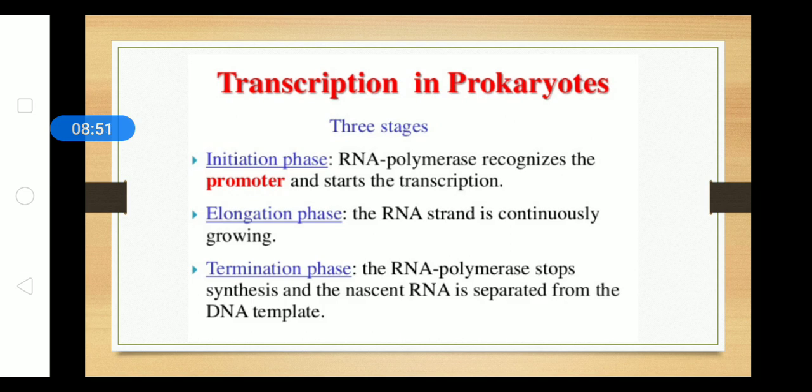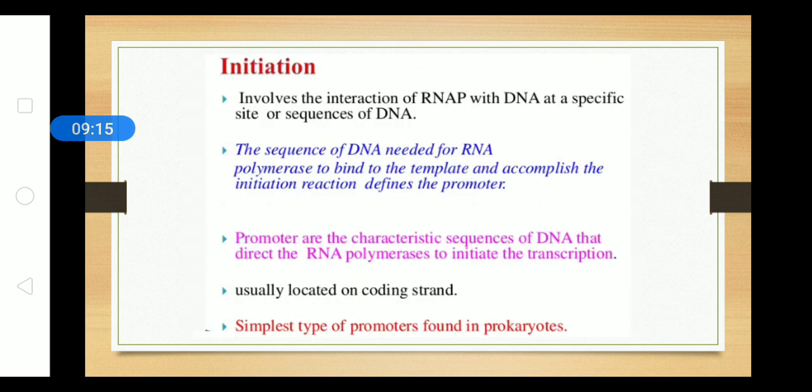In the elongation phase, the RNA strand is continuously synthesized and it keeps on enlarging. In the termination phase, the RNA polymerase stops synthesis and nascent RNA is separated from the DNA template. The word nascent simply means newborn. So, there is nothing very extraordinary, it just implies a new RNA which has been synthesized.